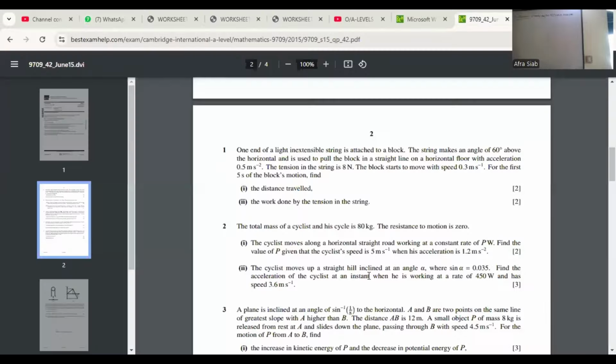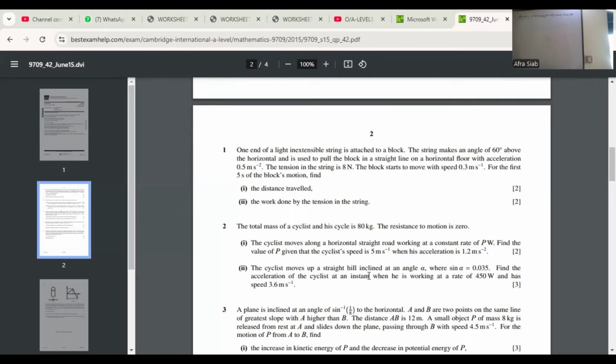Now, question number 2. The total mass of the cycle and the cyclist is 80 kg, and the resistance to the motion is 0. The cyclist is moving along a horizontal straight road working at a constant rate of P watts. Find the value of P given that the cyclist's speed is 5 meters per second when the acceleration is 1.2 meters per second square.